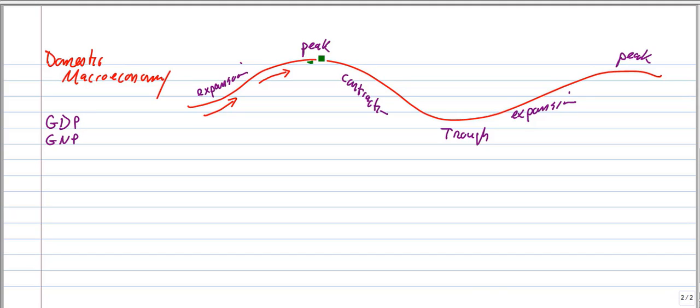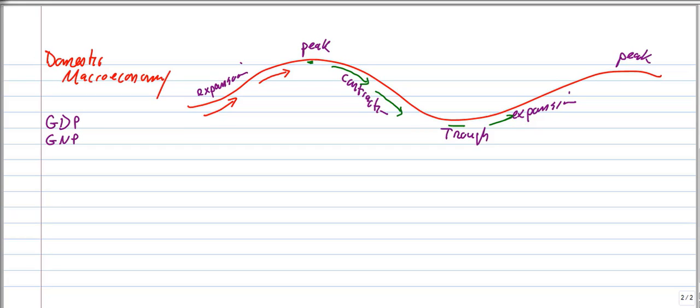And so then we move on down into a contraction or a recession. A recession is 2 consecutive quarters of a decrease in GDP. Different things are happening in our economy. And then finally we hit rock bottom at the trough and we come back into a new expansion.